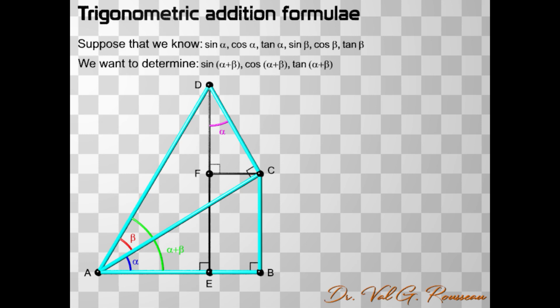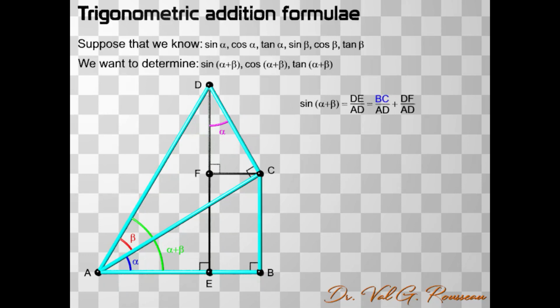Alright, let us write the definition of the sine of alpha plus beta. It is opposite over hypotenuse, DE over AD. From our construction, DE is equal to EF plus DF. Note that EF is the same as BC.